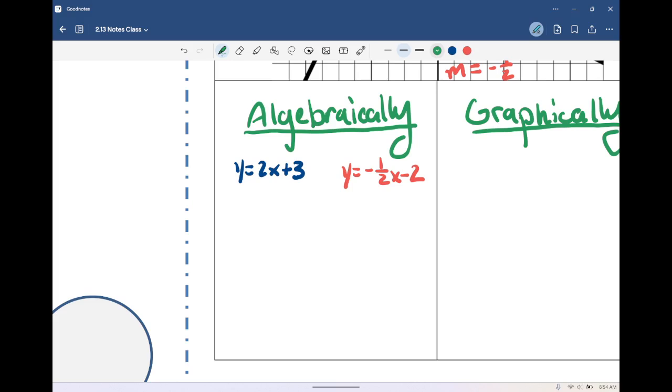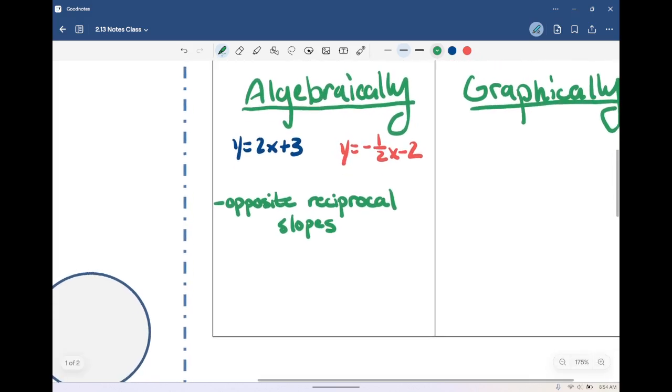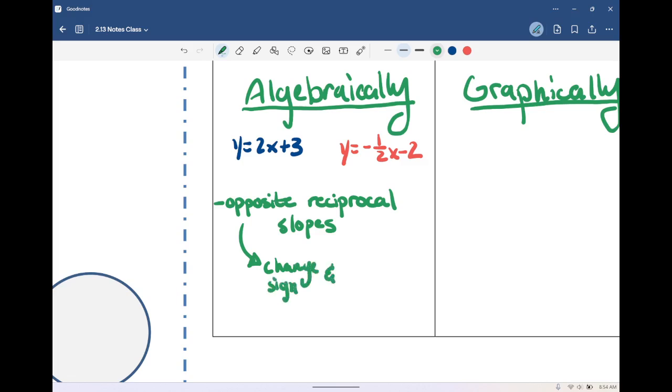The wording that we use for this is opposite reciprocal slopes. To me, the easier way of remembering this is, as Gabby said, change the sign and flip.